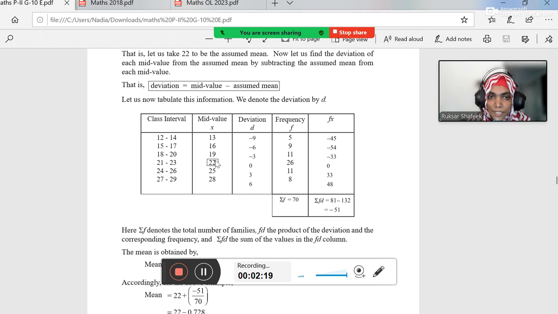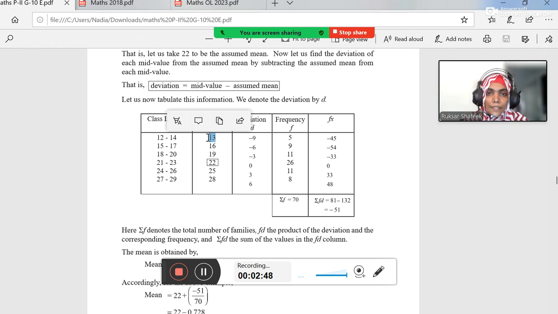So the assumed mean that we took is the mid value of the modal class. Now we are guessing that maybe 22 is the mean. Now we need to see what the deviation is, how we have deviated. We have the class interval column and the mid-value column, and we add a new column called deviation.